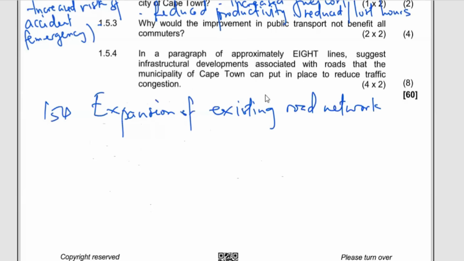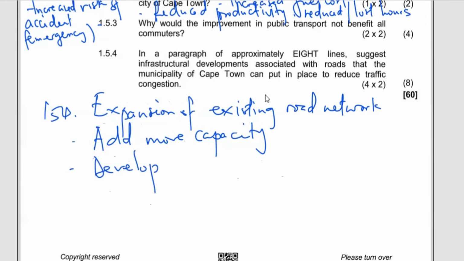So we can expand the existing, or we can also add more capacity to the roads. Like we add extra lanes to accommodate extra vehicles on the road so that we limit traffic congestion. Then we can also look at development of new routes.